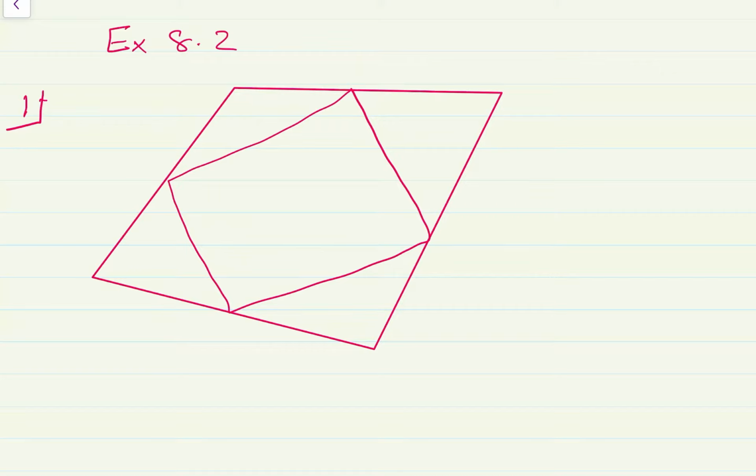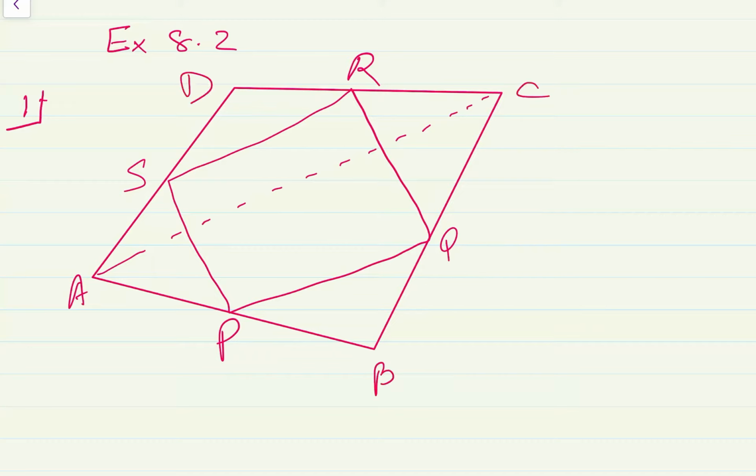That is S, R, Q, P, and AC is the diagonal. So you have A, B, C and D. Now let us prove it.